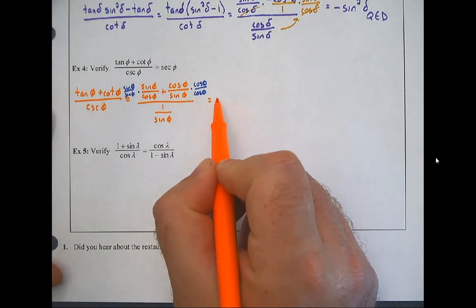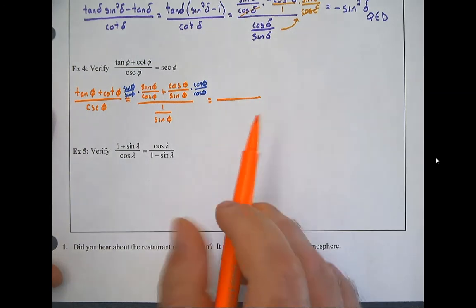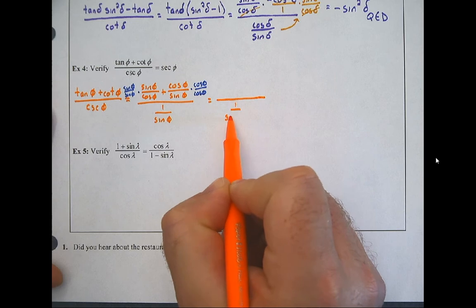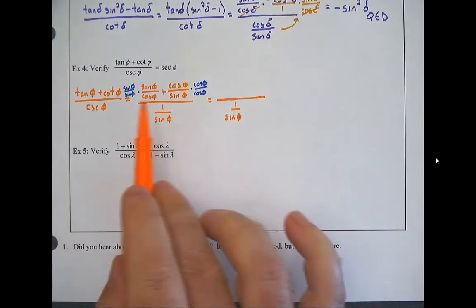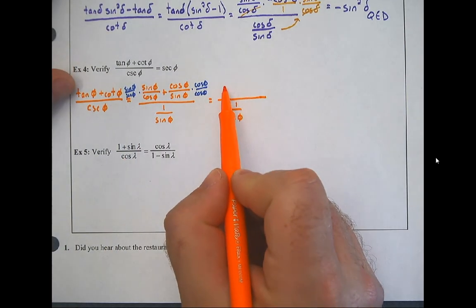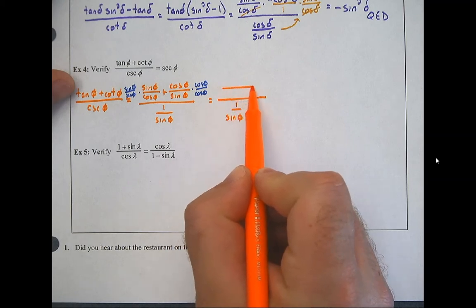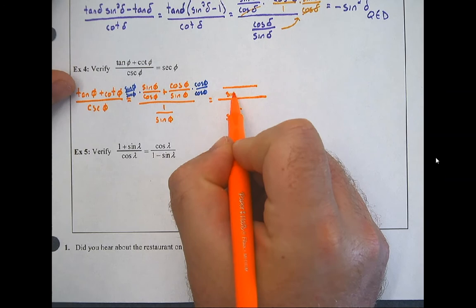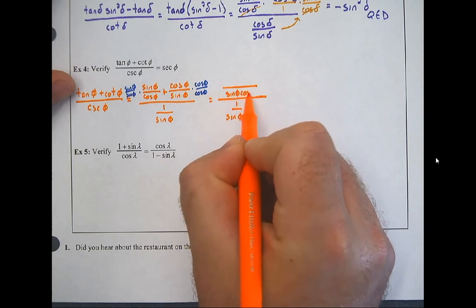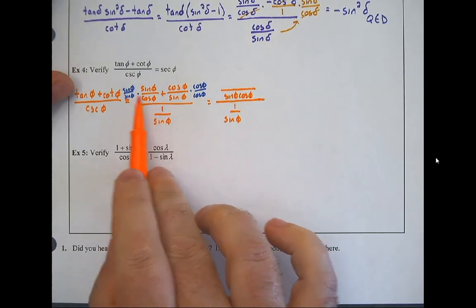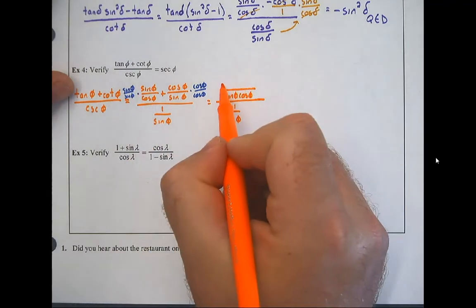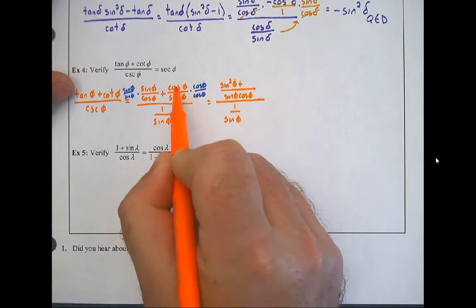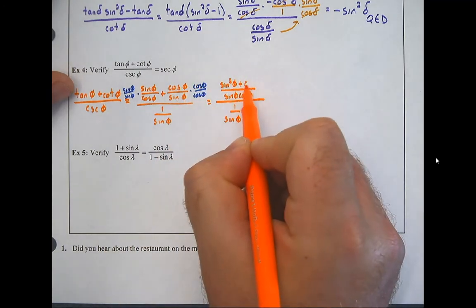Equals. Okay, so this is the division bar for the whole fraction. So I still have my 1 minus sine phi on the bottom. Then I'm going to do another division bar for my common denominator. So sine cosine is my common denominator. And then my numerator, sine times sine is sine squared, plus cosine times cosine is cosine squared.